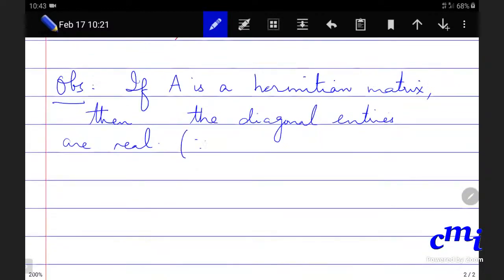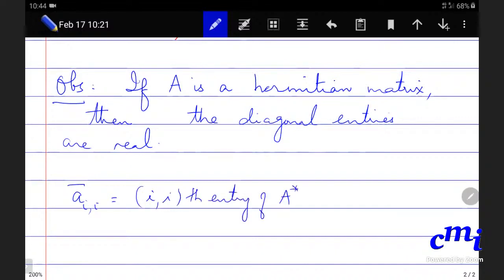Since a_ii bar is by definition the ii-th entry of A star.